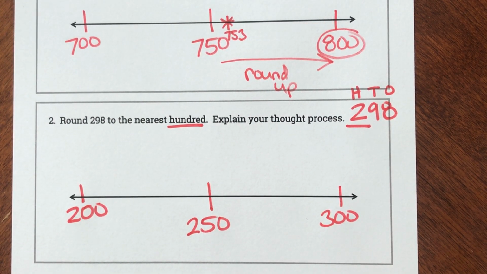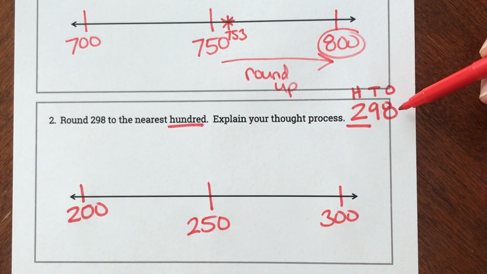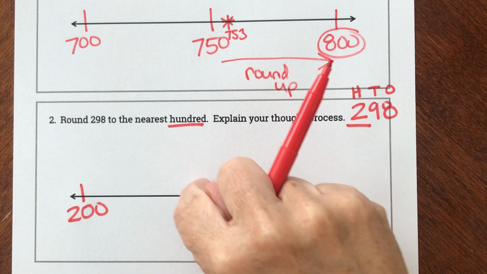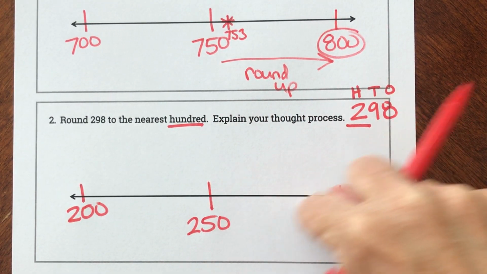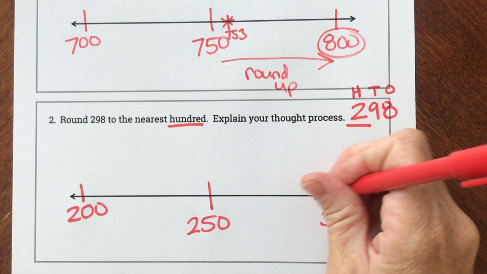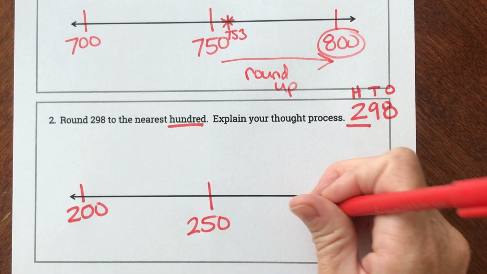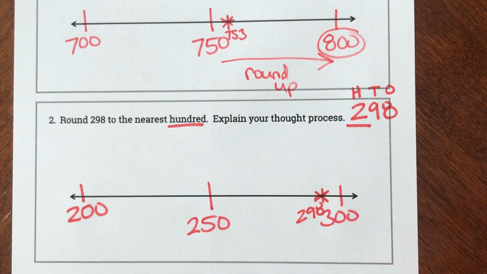Where is my number going to go on this number line? 298. Is it going to be between 200 and 250, or is it going to be between 250 and 300? Ooh, 298 is going to be really close to 300. It's probably going to be right about there.